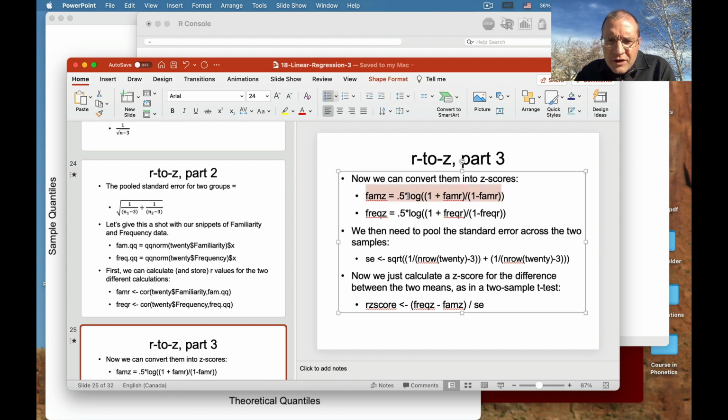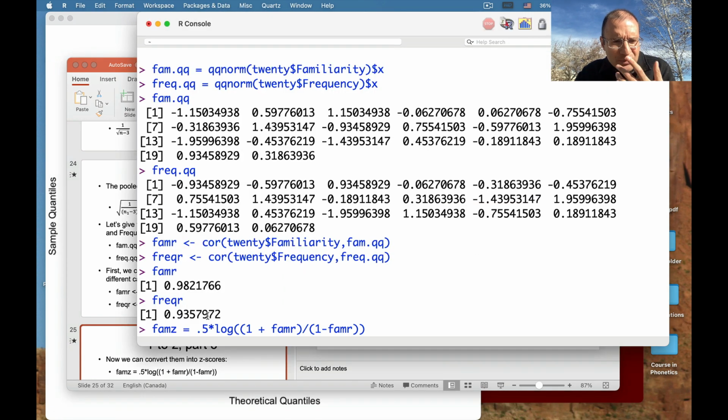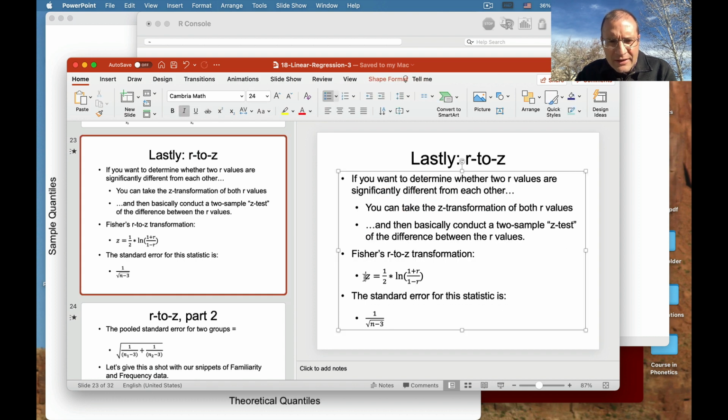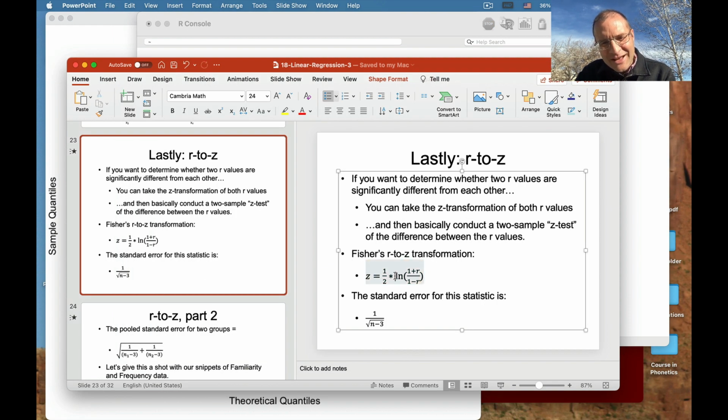So to convert those R values into Z scores, this is what that equation looks like. Going back up here, if we do it in R, it'll look like this: 0.5 times the log of all this stuff. And again, if you're concerned about this, it's referred to as the natural log, log to the base e.